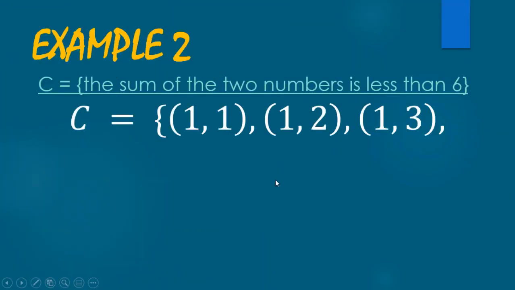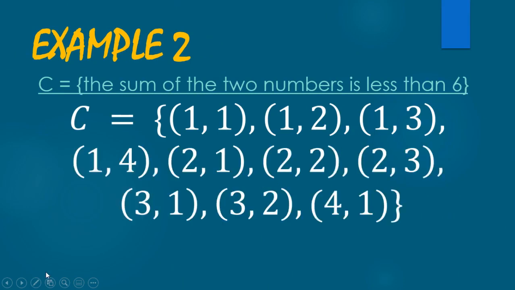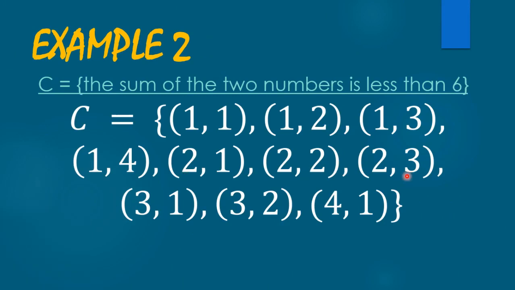So again, for the event C, we have 1 1, 1 2, 1 3, 1 4, 2 1, 2 2, 2 3, 3 1, 3 2, and 4 1. So we have a total of 10 for the number of elements in the given event C.